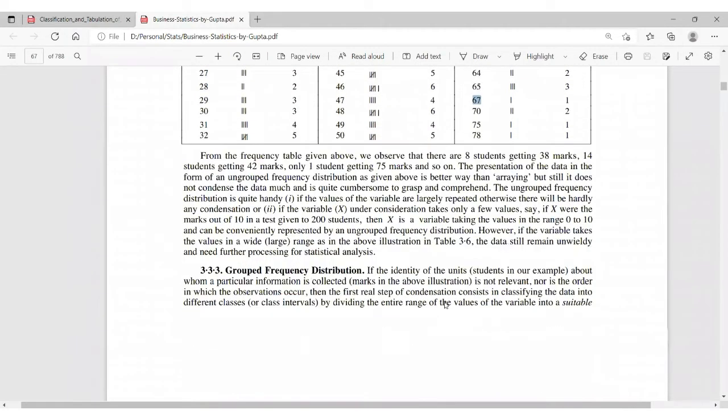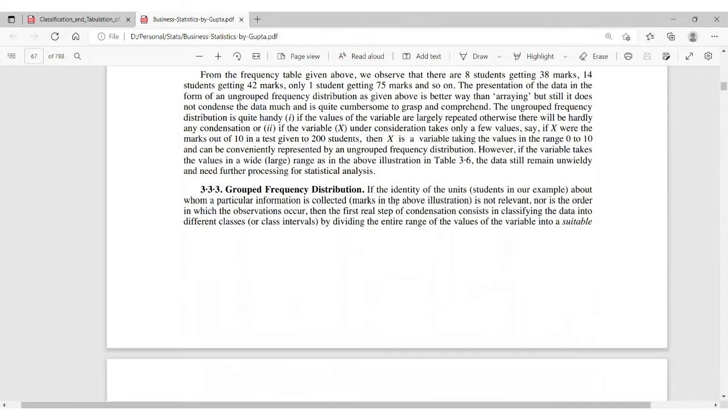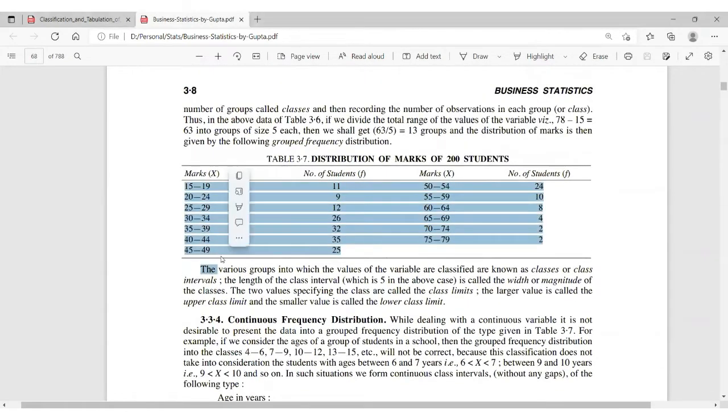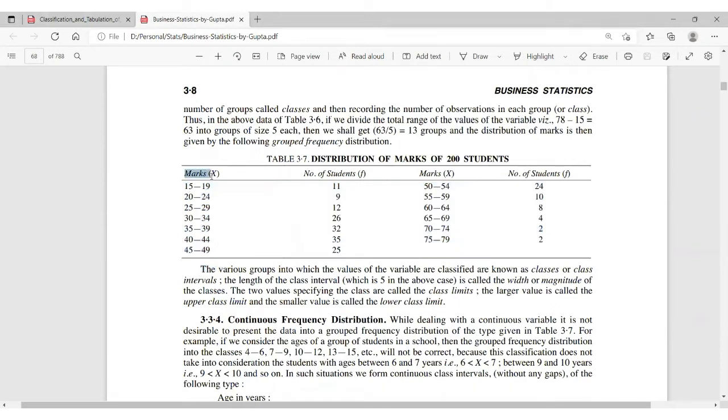Now the next one is the group frequency distribution, right? In group distribution, we make groups like this: marks as class intervals, and the number of students.